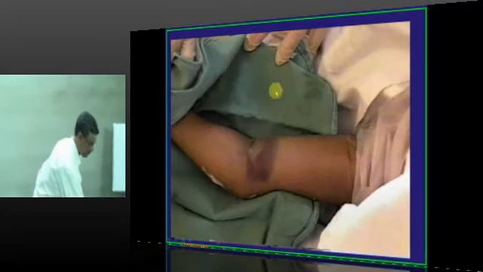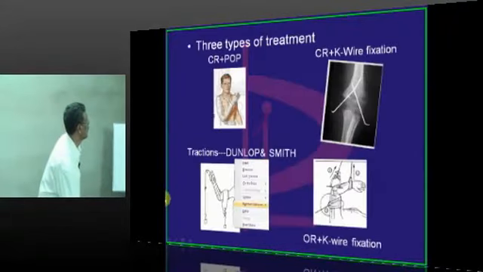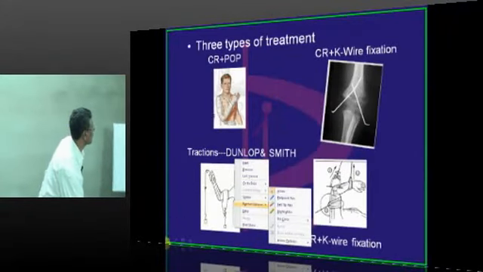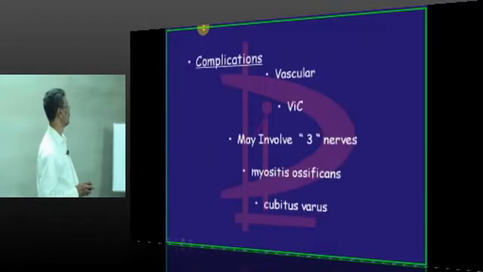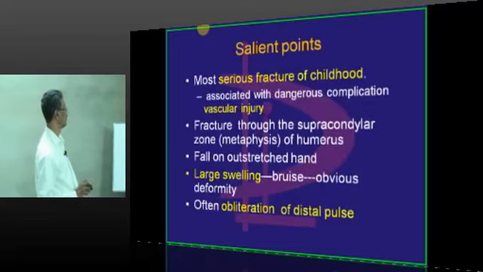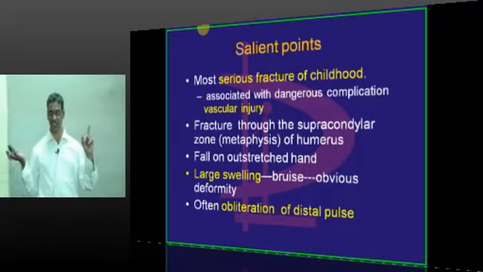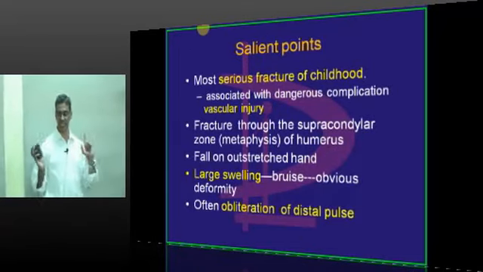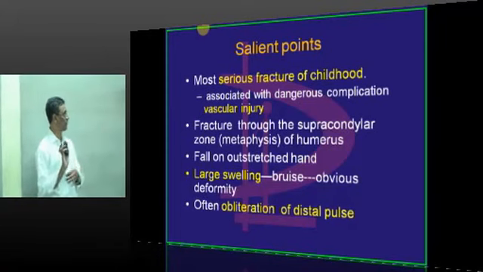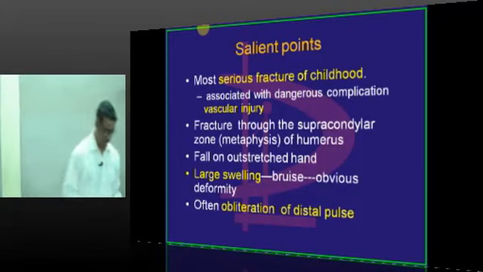Now this is the one. It is the most serious fracture of childhood, associated with the dangerous complication of vascular injury, a fracture through the supracondylar zone.